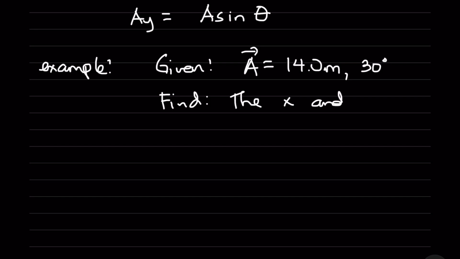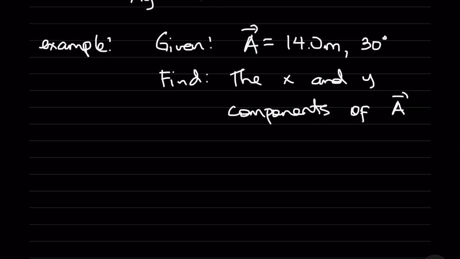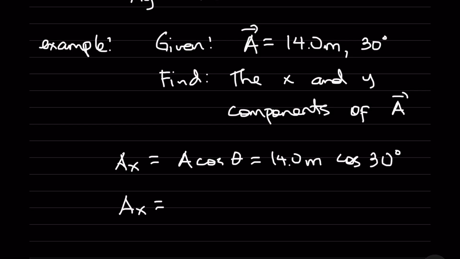Let us have an example. Suppose you have vector A equal to 14 meters, 30 degrees. The magnitude is 14 meters. The direction is 30 degrees with respect to the positive x-axis. Find the x and y components of vector A. So we simply have to write ax equal to a cosine theta.